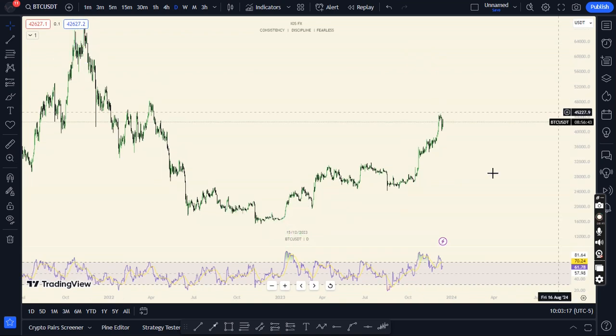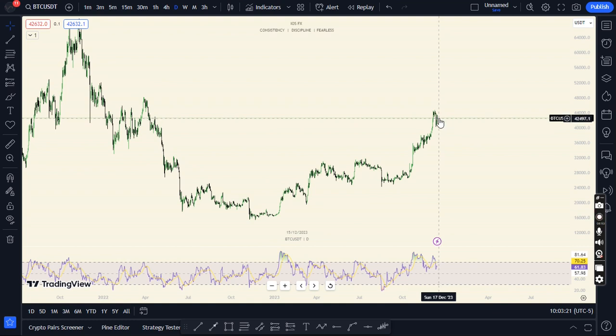So you can see the price of BTC currently. The price of BTC is at 4260.2. Okay, so now let's assume we want to buy BTC at this point here.